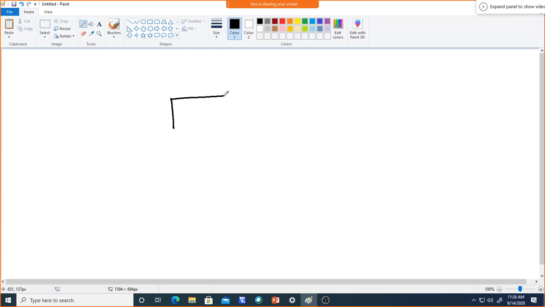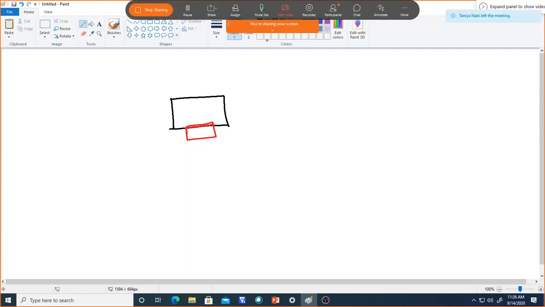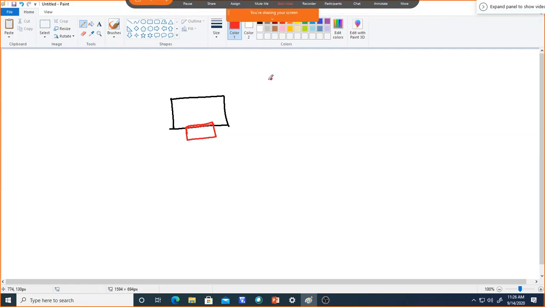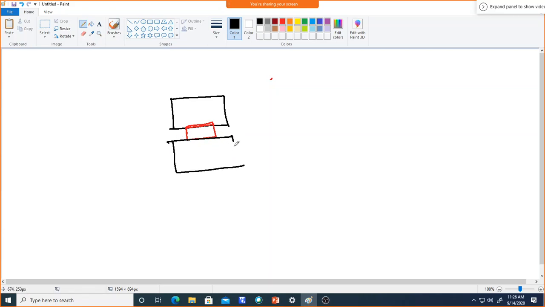This is one substrate, in between there is a strip of width and thickness, and you use another substrate. So in between two substrates there will be a conductor.